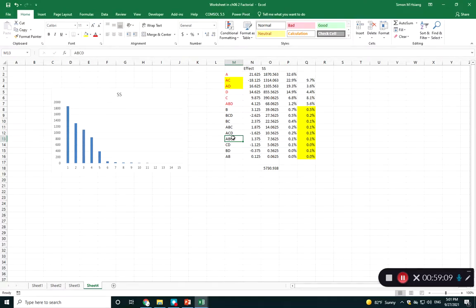Why? Because they introduce too many characters, and you get confused. So whenever possible, stay with the low-level terms. There's a way we're going to introduce later. It's called resolutions.